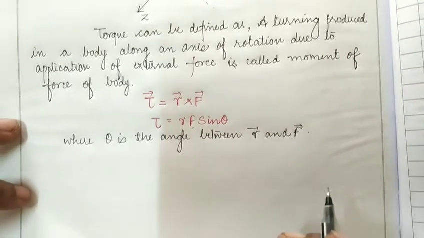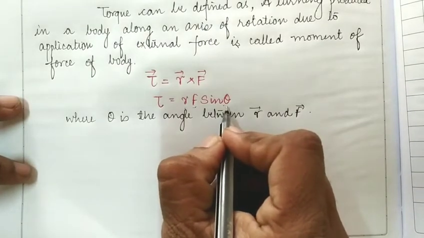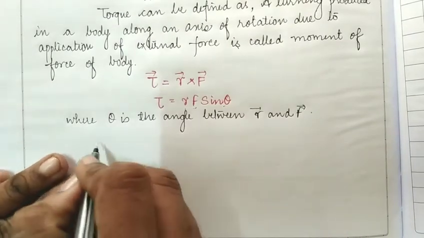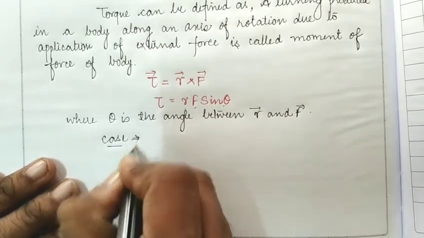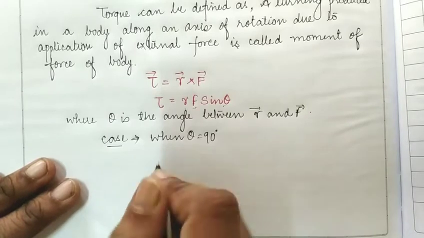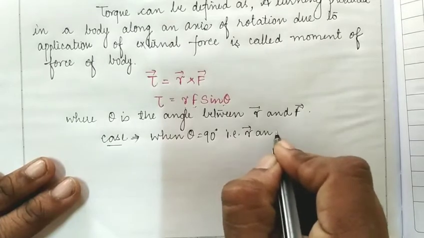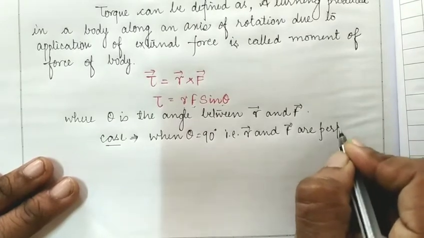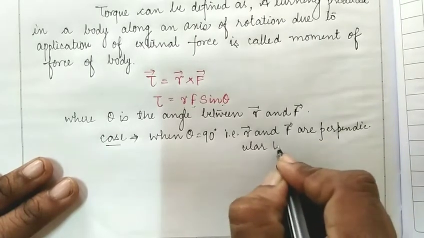Since here it is written sin theta, a special case is when theta is 90 degrees, which means that r and F are perpendicular to each other.